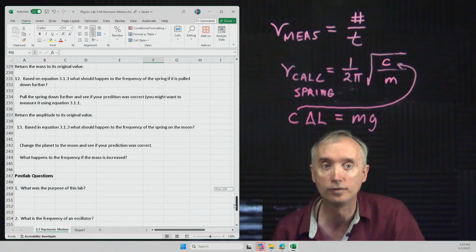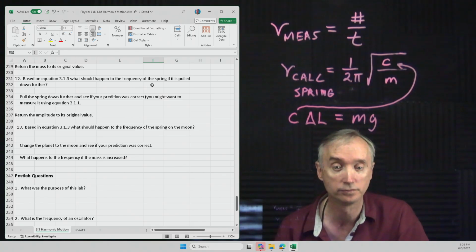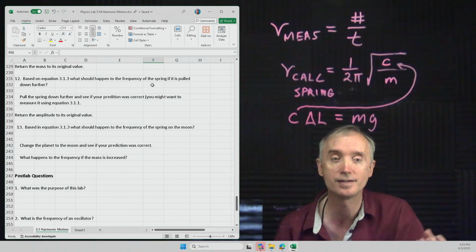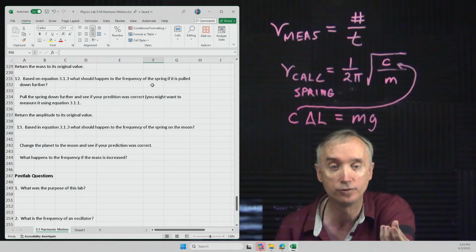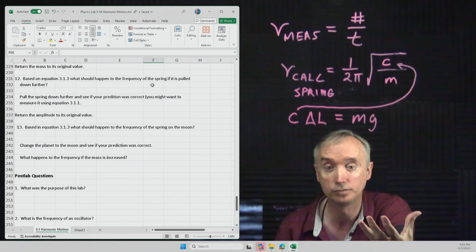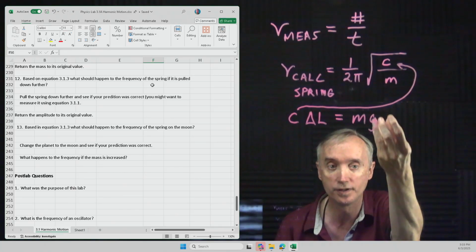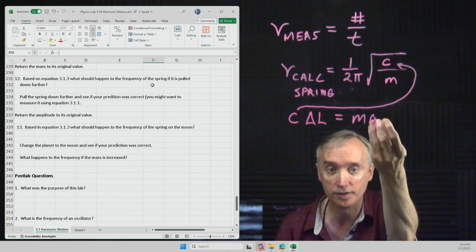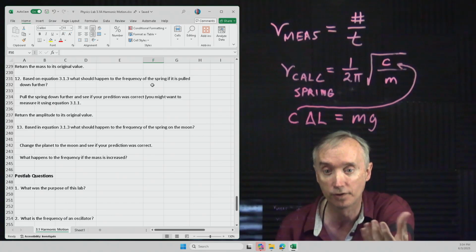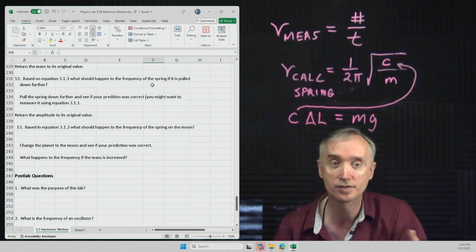Then number 12 is what's going to happen to the frequency if the spring is pulled down further. So you notice I didn't tell you how far down you need to pull it and then let it go. So you're going to get a certain frequency if you pull it down a certain distance, but now this time pull it down even further and let it go and just see what happens.